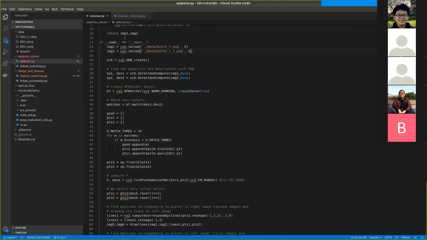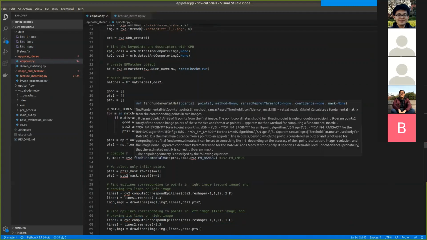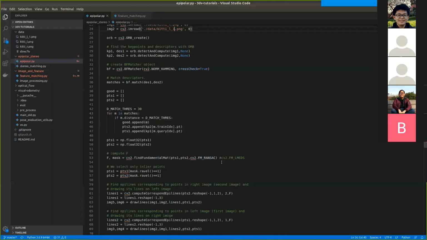If you take a look at the epipolar script, computing the fundamental matrix is cv2 findFundamentalMat, and I have the cv2 FM RANSAC. Oh, that makes sense. Yeah, we use RANSAC to get a better estimation of the fundamental matrix. I think the algorithm used is the 5-point algorithm that we introduced in that paper.